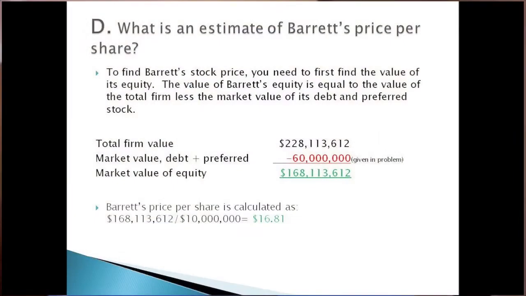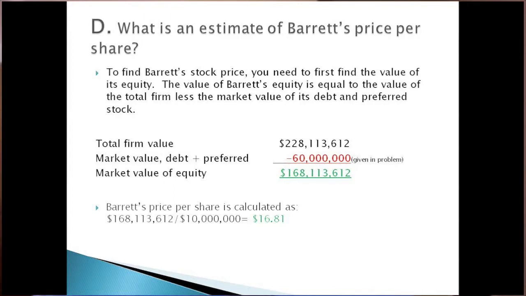Moving on, last one, D. What is an estimate of Barrett's price per share? And to find Barrett's stock price, you need to first find the value of its equity. And the value of Barrett's equity is equal to the value of the total firm less the market value of its debt and preferred stock.